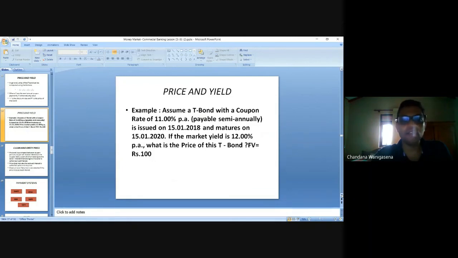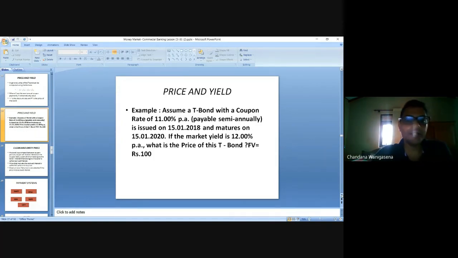So you get coupons in 2018 July and 2018 December, 2019 July, 2019 January and 2019 December. In December 2019 you get one coupon of 5.5 and the final full 100 rupees also, right?